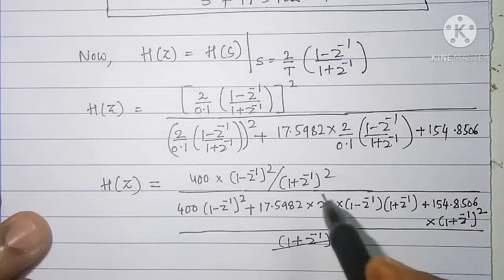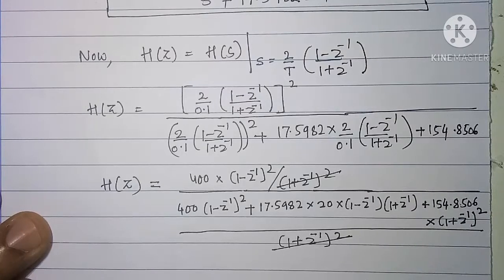Now (1 plus z raised to minus 1) whole square and (1 plus z raised to minus 1) whole square will cancel.